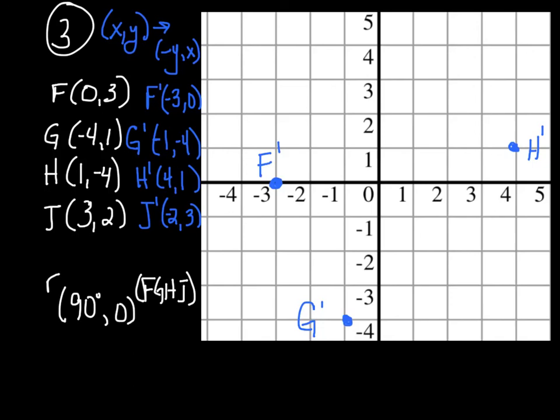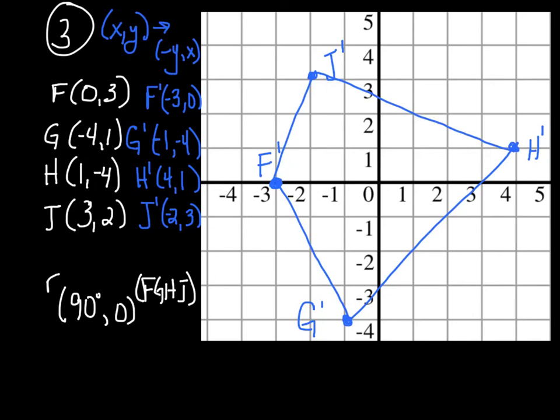So it'd be (negative 2, positive 3). We connect them. And there's your quadrilateral. If you actually took your book and turned it 90 degrees counterclockwise, it would look just like this shape.